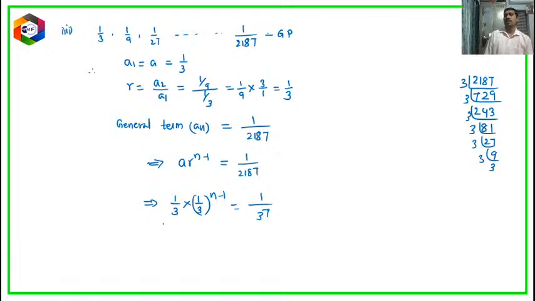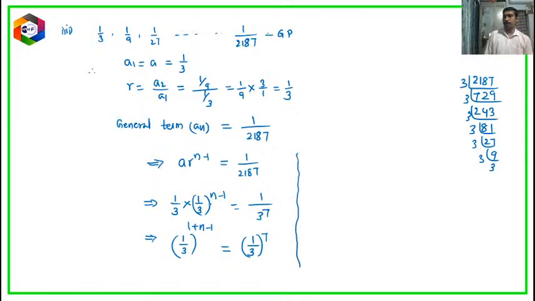Now as a whole, a power m into a power n can be written as 1 by 3 power 1 plus n minus 1, which is equal to 1 by 3 power 7.